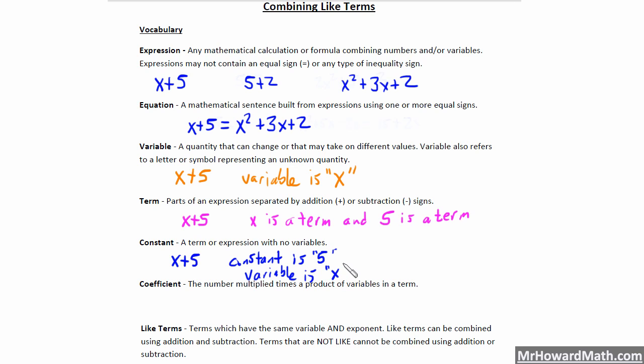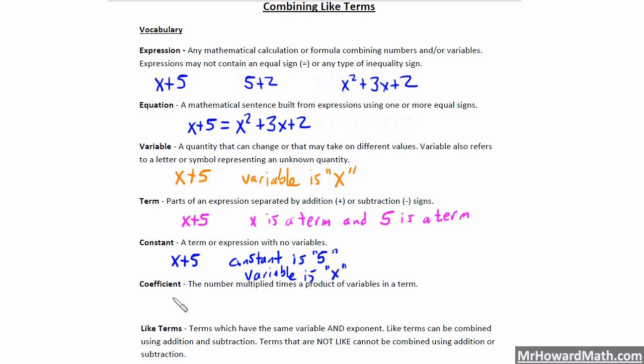All right? I think it's important to understand that it can also be an expression with no variables. So if we write 5 plus 2, that is a constant, okay, because it's an expression without any variables. So this up here would also be an example of a constant.